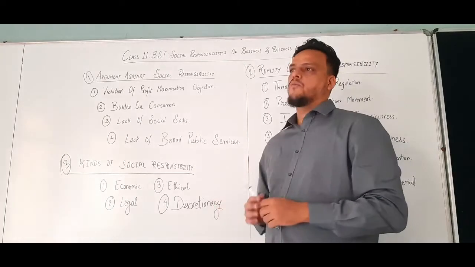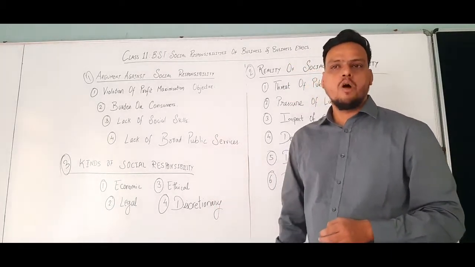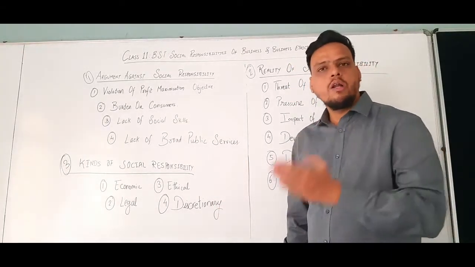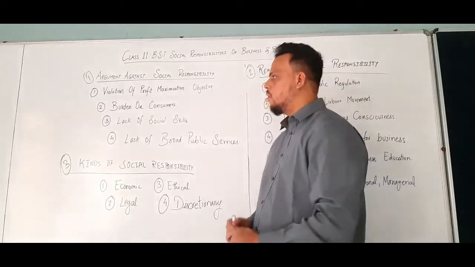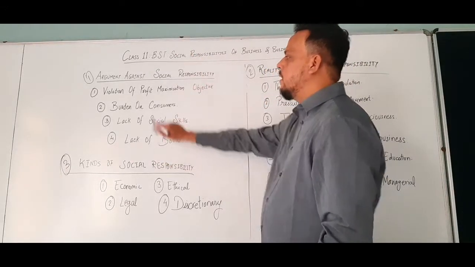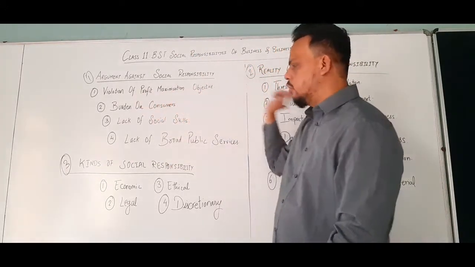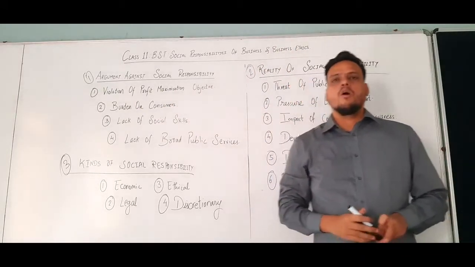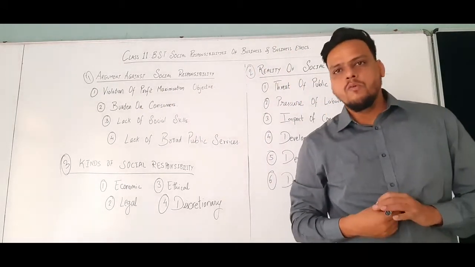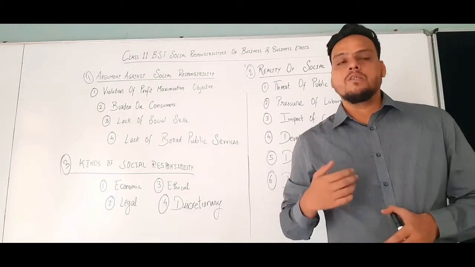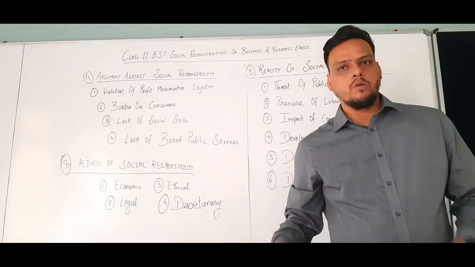As you know, social responsibility is not a compulsory concept; it is a voluntary concept in India. Talking about violation of profit maximization objective, an organization works on the purchase and sale of goods.